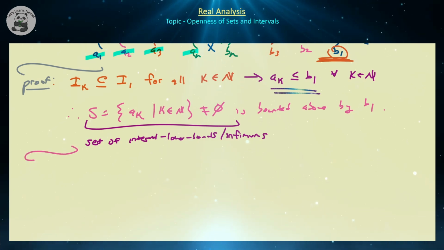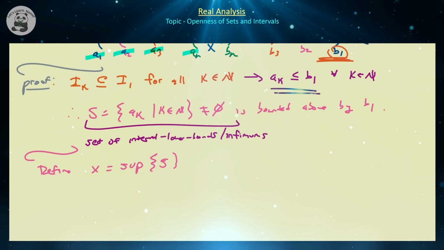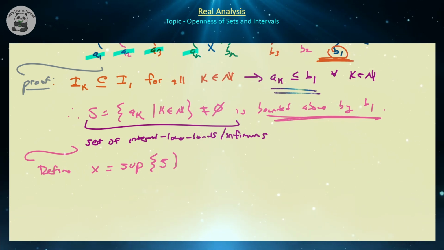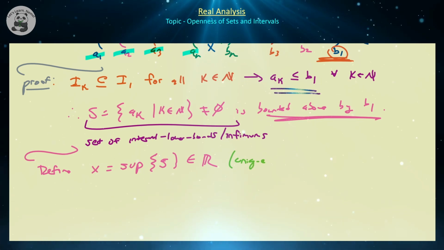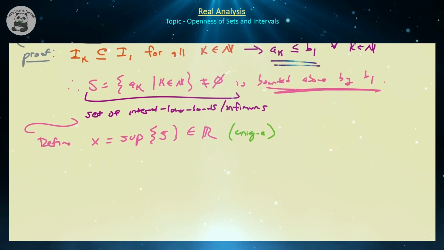So what we can do is define x to be the supremum of S, okay? Because we have a subset of the real numbers that is bounded, in particular bounded above, there exists a supremum for the set that also belongs to the set of real numbers, right? And not only does it exist, it's also unique, which we've proved in the past, right?